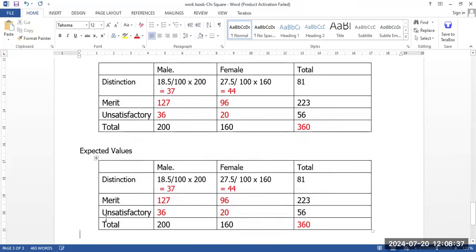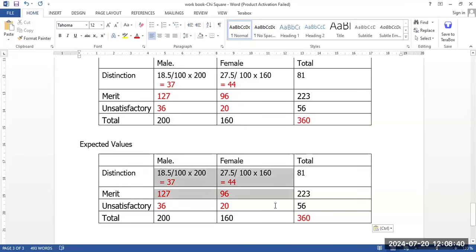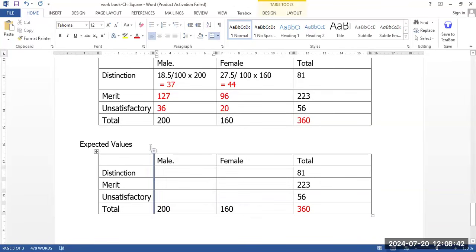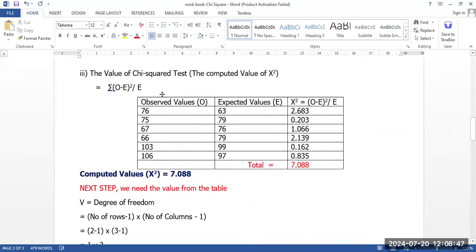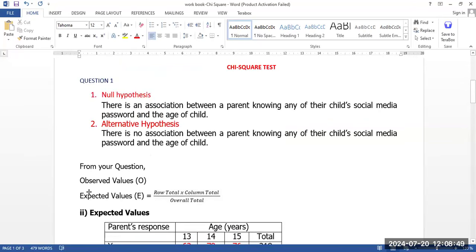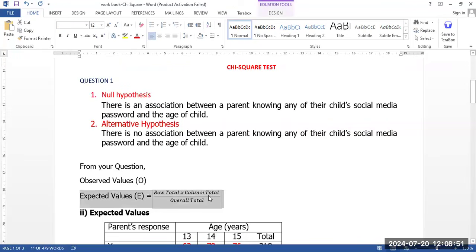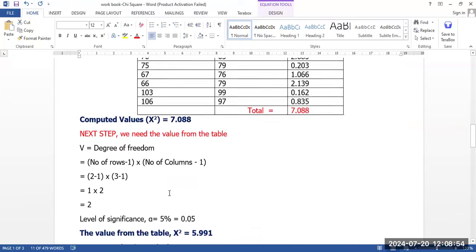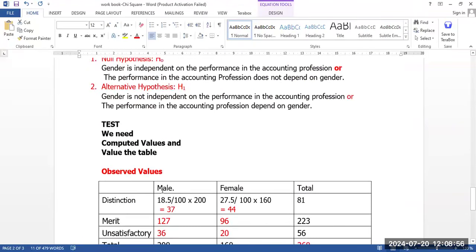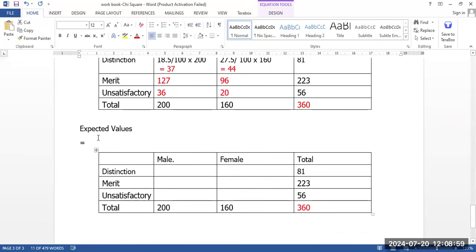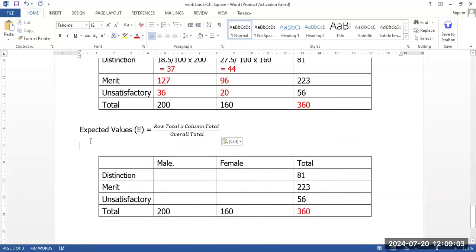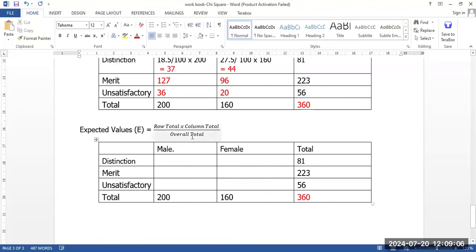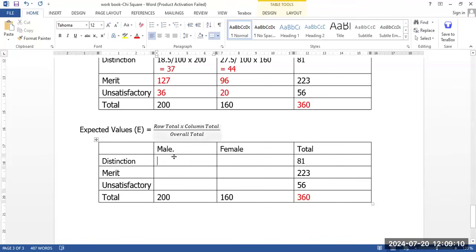Row total times column total, divided by overall total. Our formula is here. We can use this formula to fill this table.